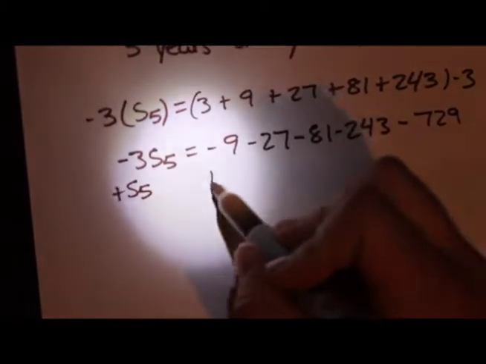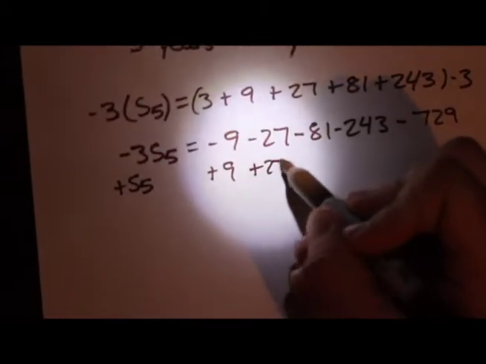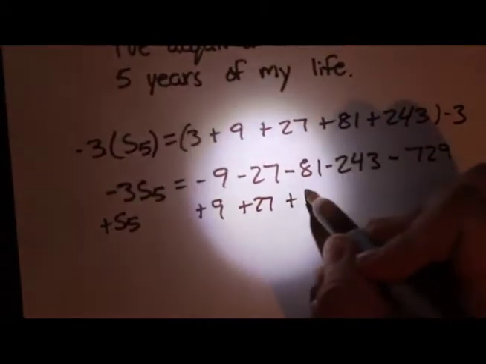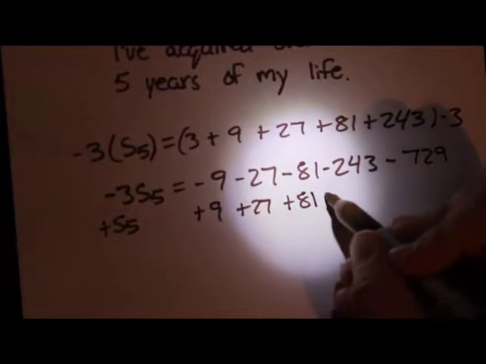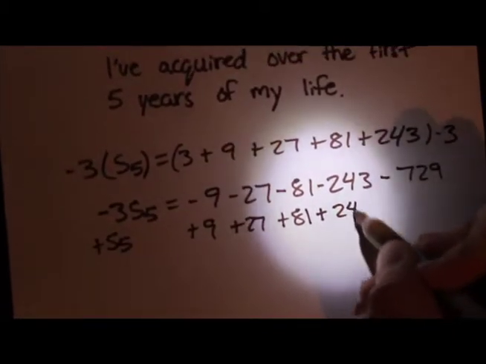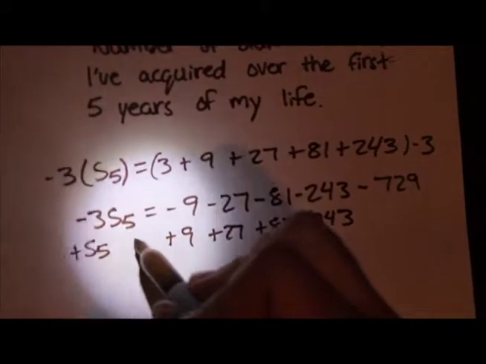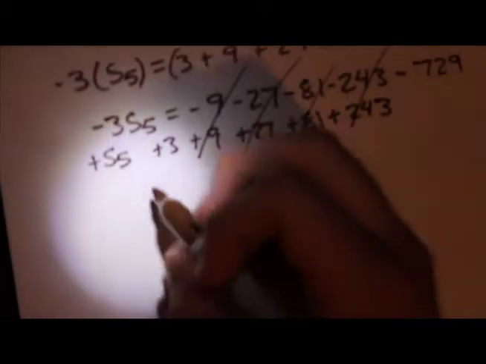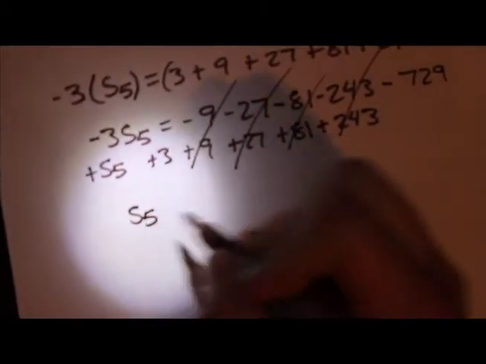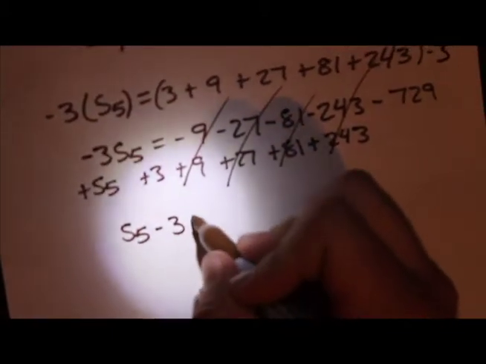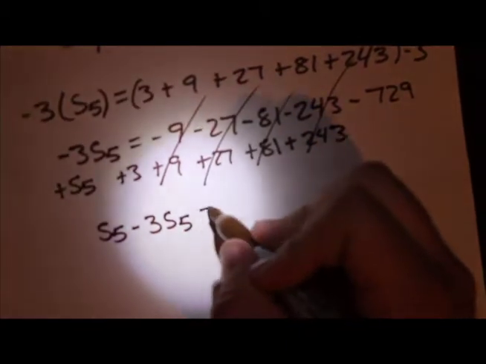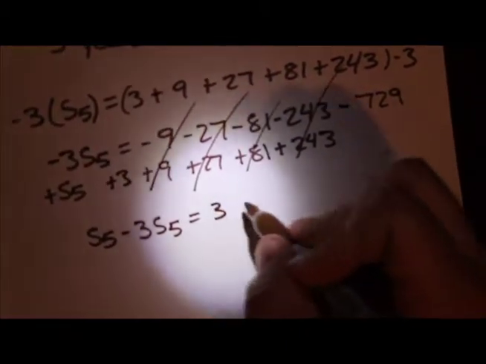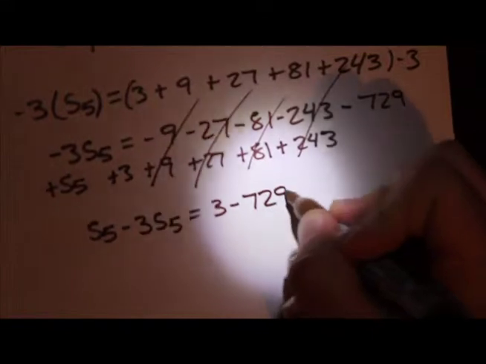S5 over there, add 9, add 27, add 81, add 243, and add a 3. So those all cross out. So it becomes S5 minus 3 S5 equals 3 minus 729.